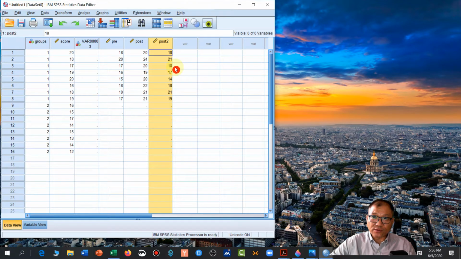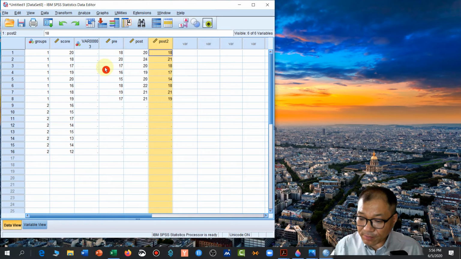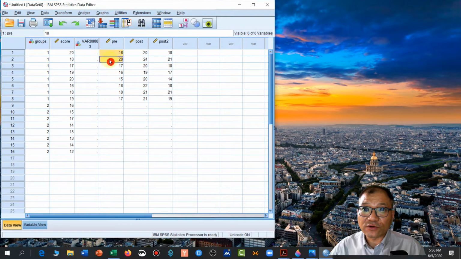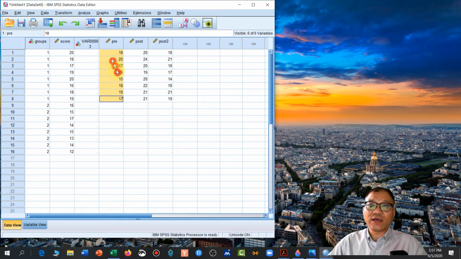So you can just put p equals 0.000 or p-value is less than 0.001. Okay, so that is how you report. This is how you report right there. Okay, so that is how you use SPSS for independent t-test.